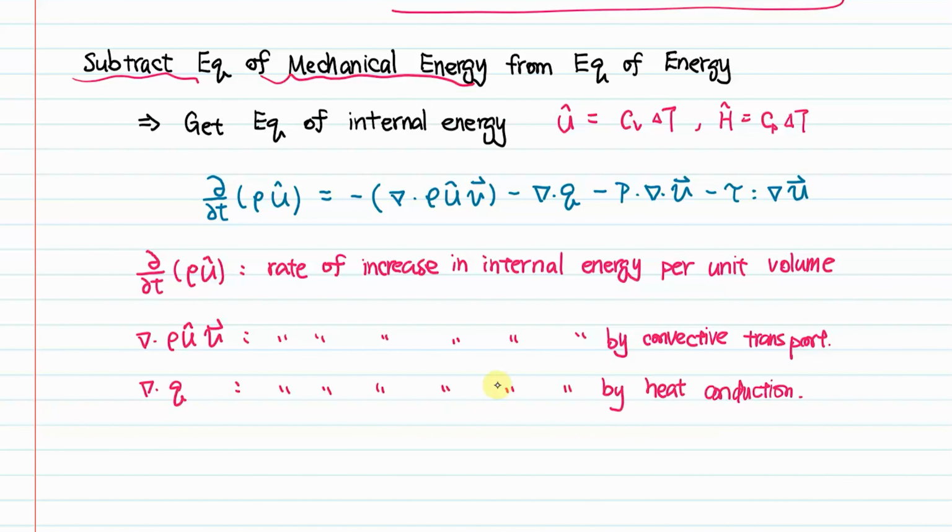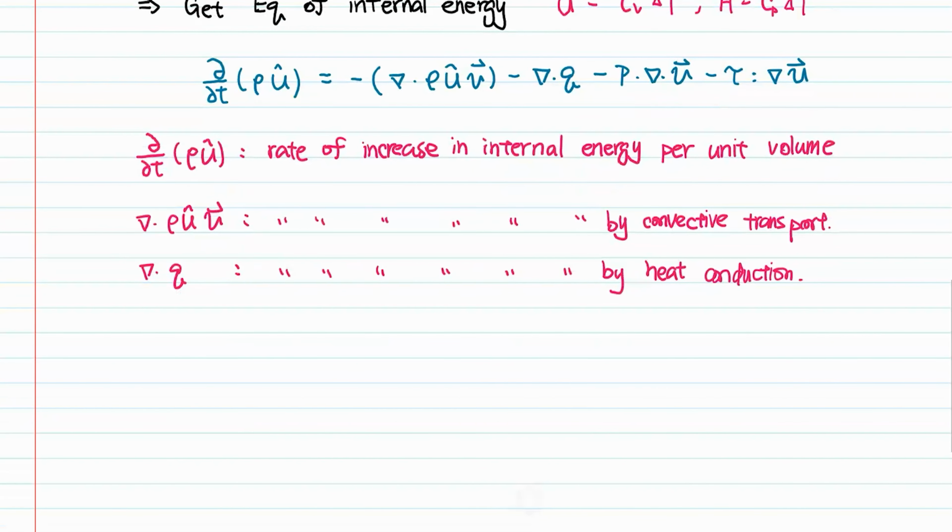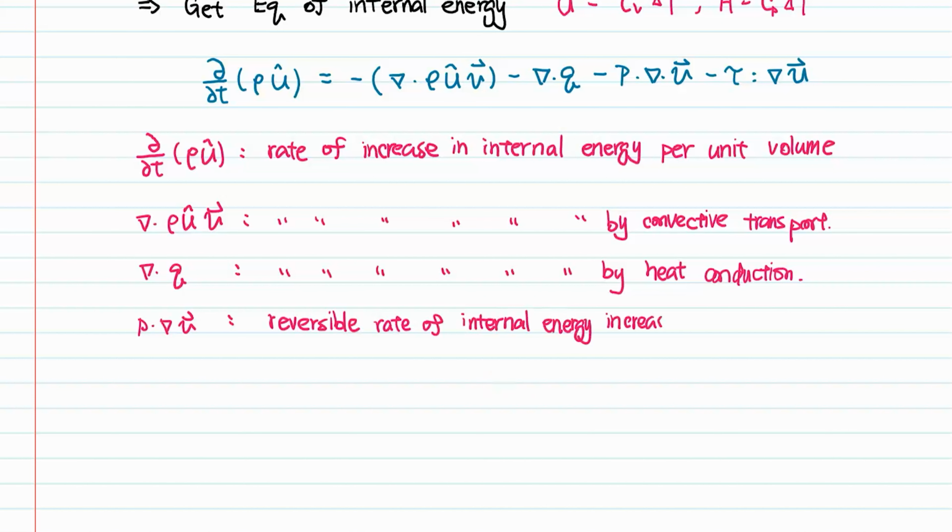Then we have the p gradient v term, which would be the reversible rate of internal energy increase per unit volume by compression.